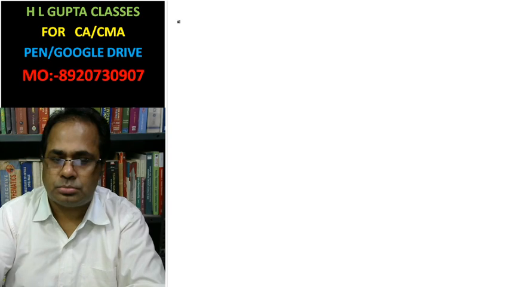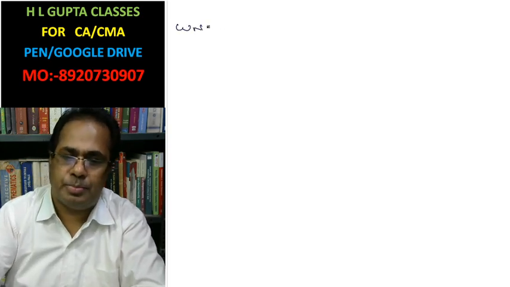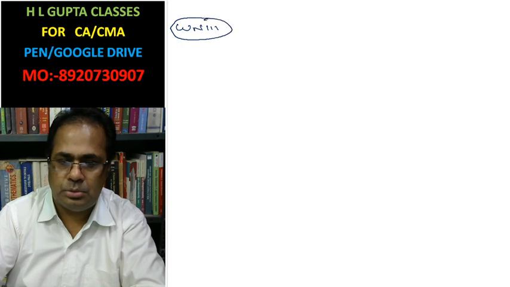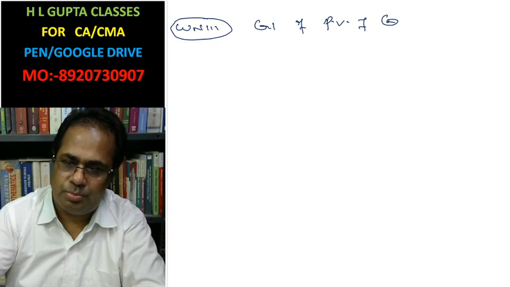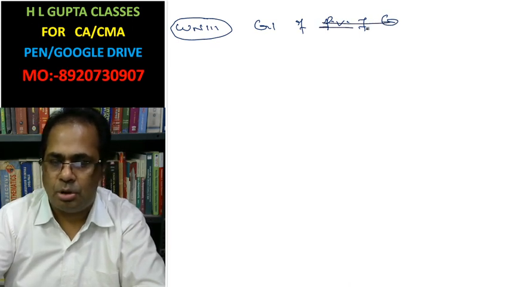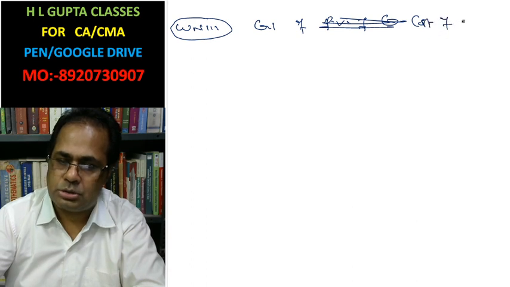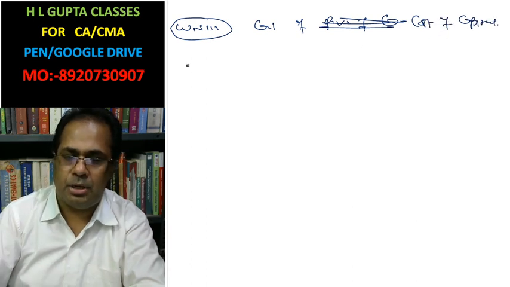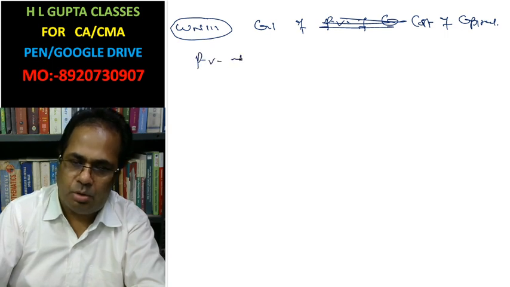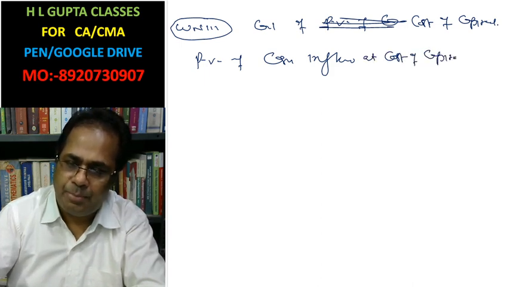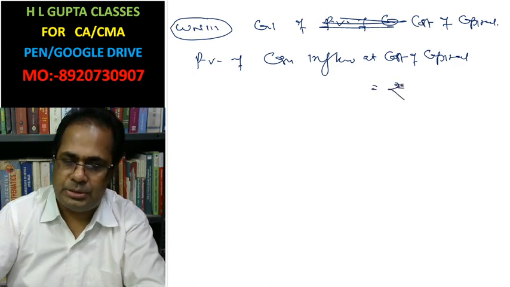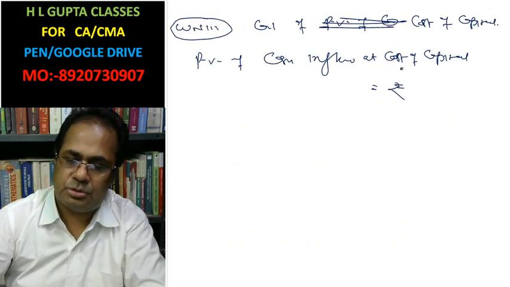Okay. Now in working note 3, we can calculate cost of capital. Calculation of cost of capital. Present value of cash inflow at cost of capital we have already calculated, rupees 1,21,507.